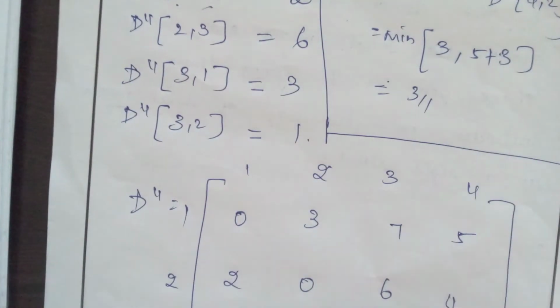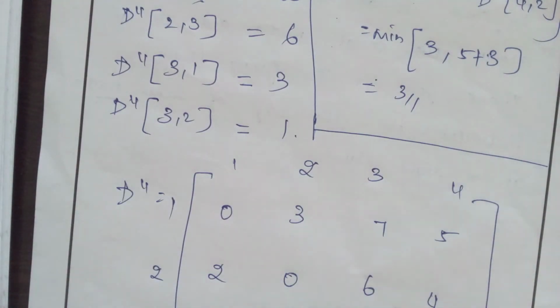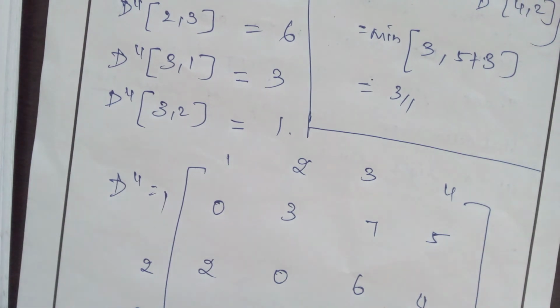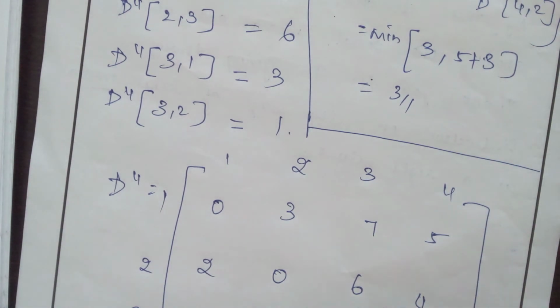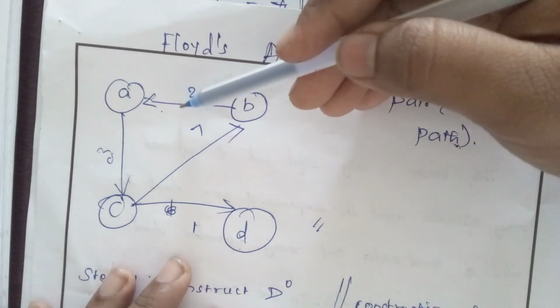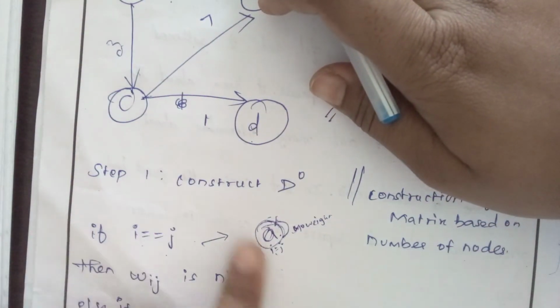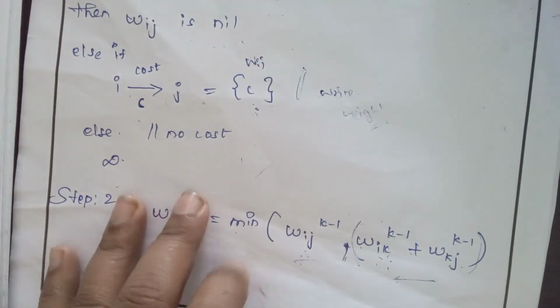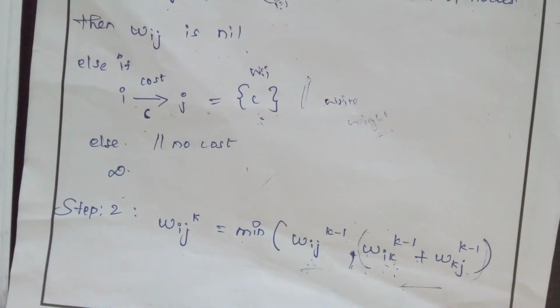Suppose if they ask for Floyd's algorithm, you have to write these things. It is also known as the all pairs shortest path problem. You have to draw the diagrams, step 1 construction of the matrix, and finding the weight with the same formula. This is the thing.